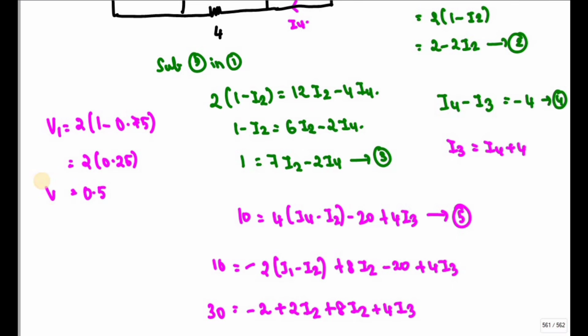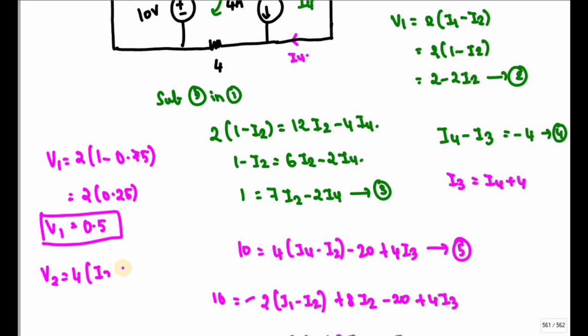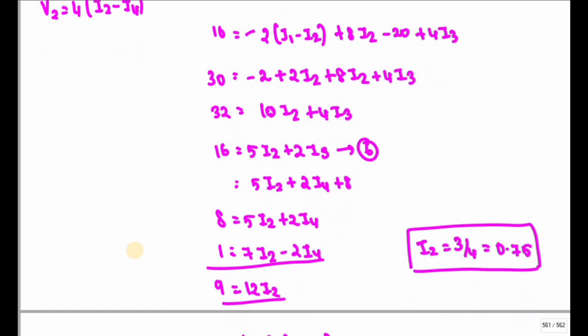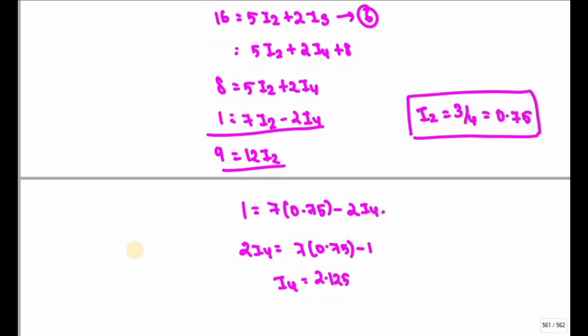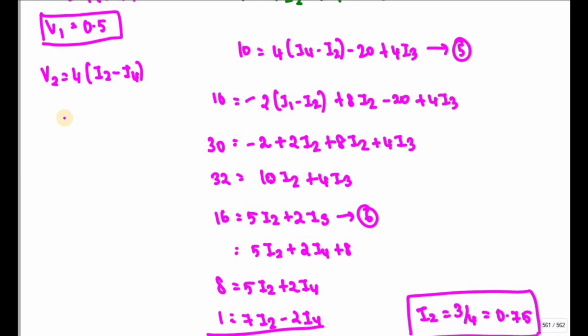Once I find the value of V1, you can find the value of V2, which is equal to 4 into I2 minus I4. With I2 as 0.75 and I4 known, I get V2 is equal to minus 5.5. Next I need to find the power supplied by the 1 amp source.